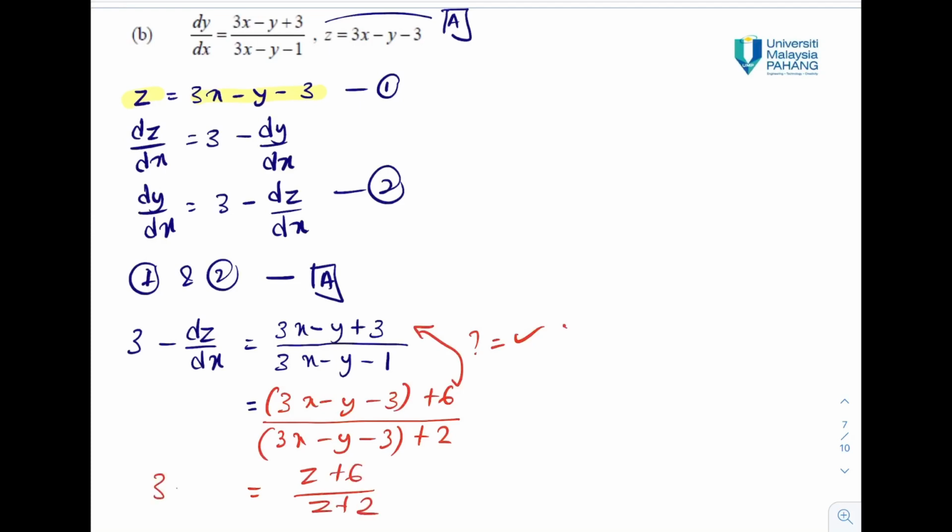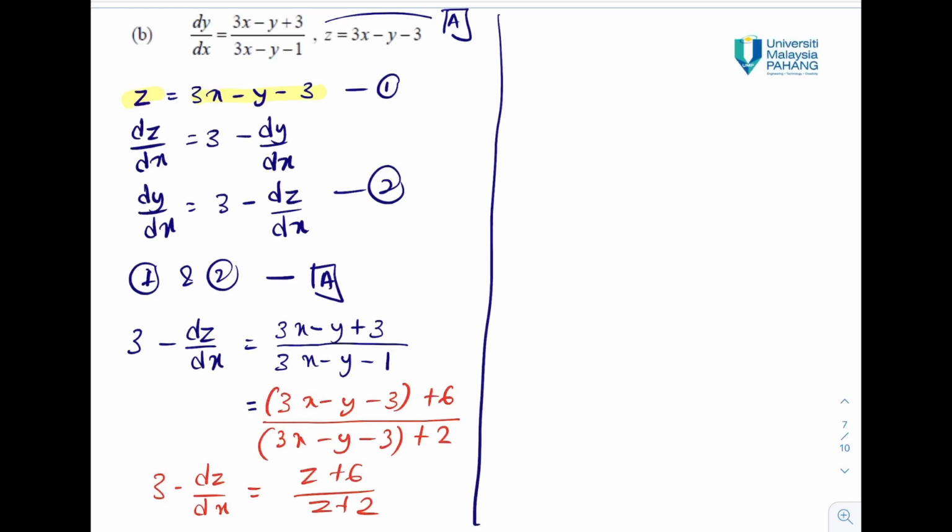This one 3 minus dz/dx. Okay, so I bring this one to this side. I copy back 3 minus dz/dx equals to z plus 6, z plus 2. Okay, so now we make some manipulation.